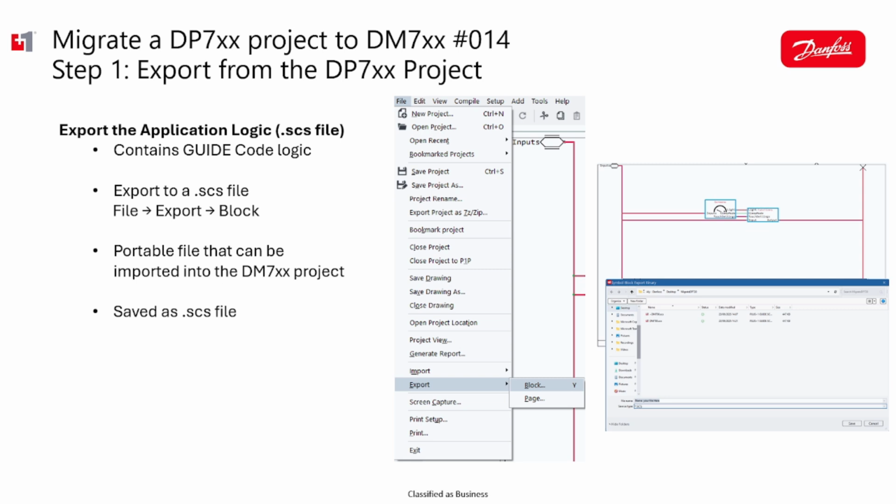This creates a portable file that can be imported into the DM7 project. Without exporting the application logic, you would need to manually rebuild the entire control structure, which is inefficient and prone to errors. The .scs file preserves your investment in application design.